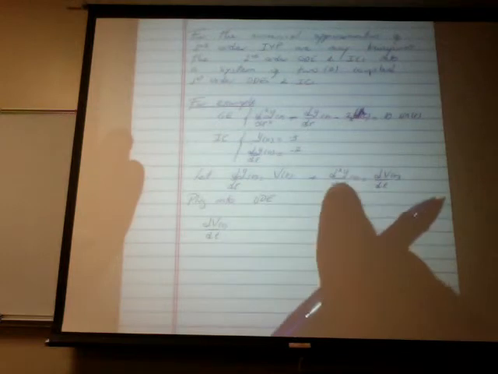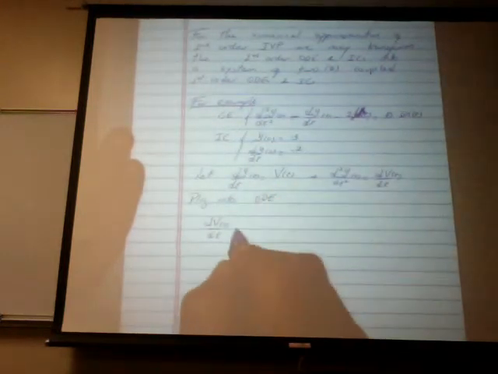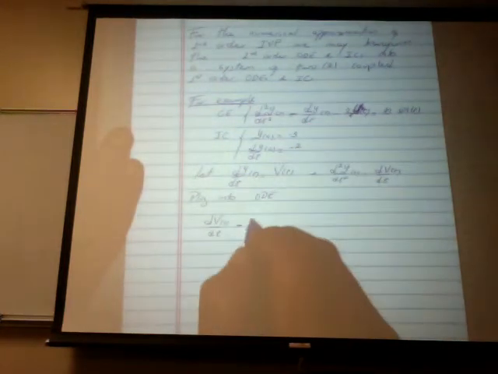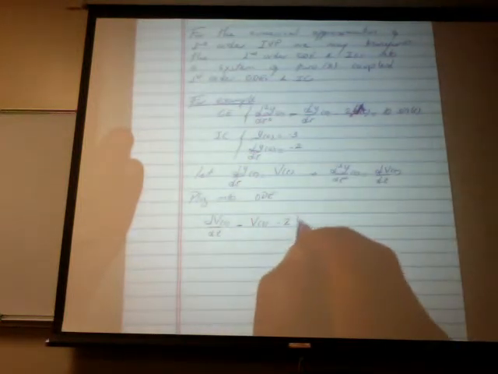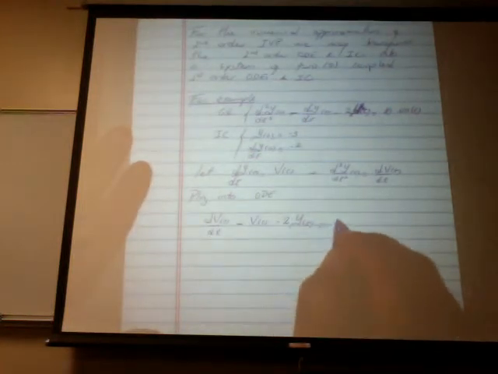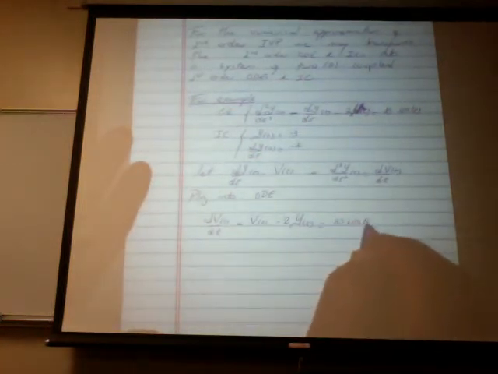Plugging into the ordinary differential equation, we get dv/dt, minus dy/dt which becomes minus v, minus 2y stays as minus 2y, equals 10 sine of t.